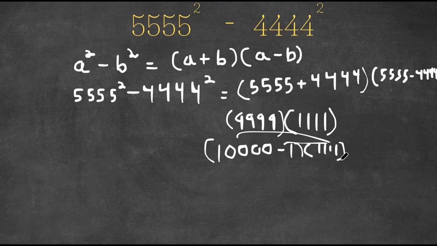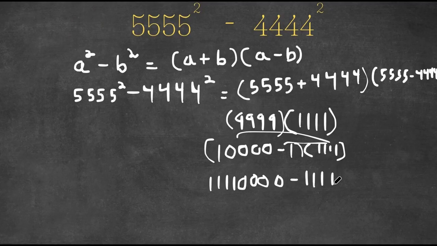So now 1,111 times 10,000 is simply 1111 with 4 zeros. So 1, 2, 3, 4. Minus 1,111 times 1, which is just 1,111. So now we have a huge number minus 1,111, and we could simply do this on paper.